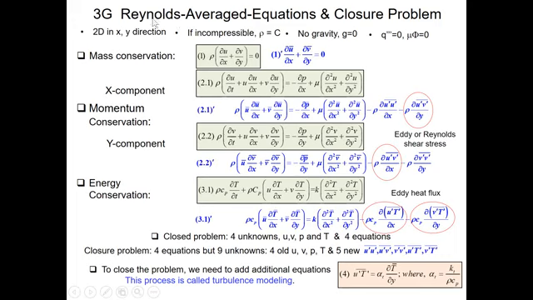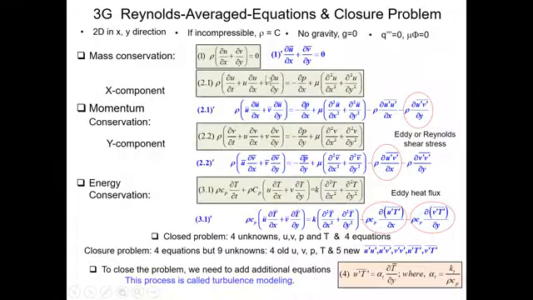You have noticed the average equation, time average equation, also called Reynolds averaged equation, same thing. The green color equations represent the original ones. The blue color equations represent the averaged ones.